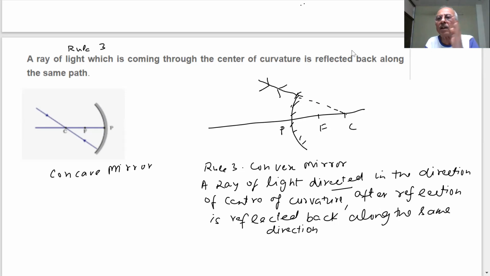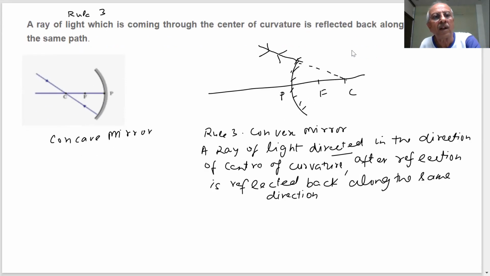So we are giving rules for concave mirror, which we already did in the last video, and now for convex mirror, because our today's objective is to find what type of image will be formed, the size of the image, bigger or smaller, diminished or magnified, and whether it will be real or virtual, erect or inverted, when we use convex mirrors. According to that, we are using convex mirrors in our everyday life. So the rule 3 is clear. Then I proceed further.